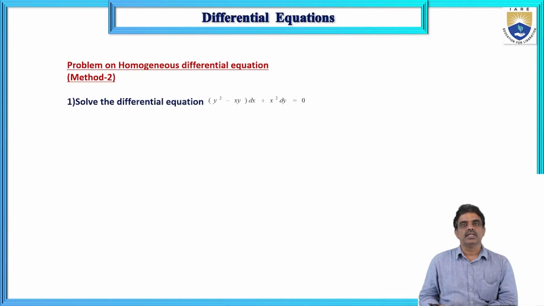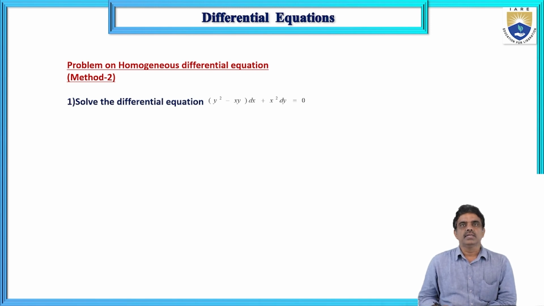The first method we have already gone through as a variable separable method, and the second method is the homogeneous differential equation. Solve the differential equation (y square minus xy) dx plus x square dy is equal to 0.